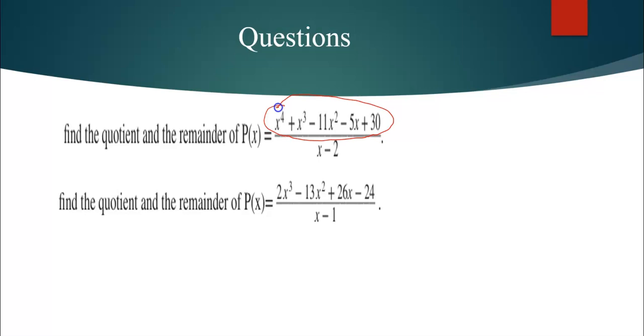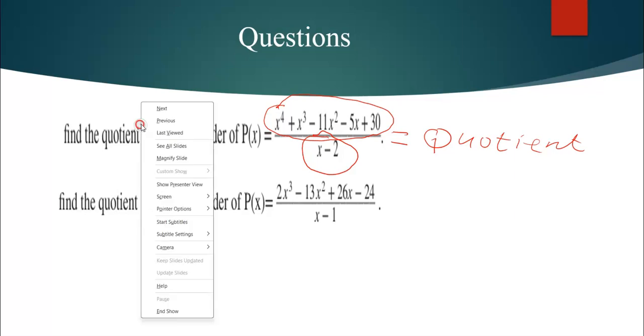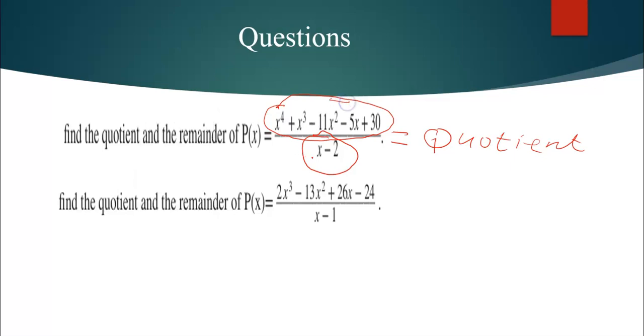That's what we are going to divide. Then the denominator, we call it divisor. The result that we will get will be called the quotient. So in division, we have our dividend, then we have our divisor, then the result will be the quotient.